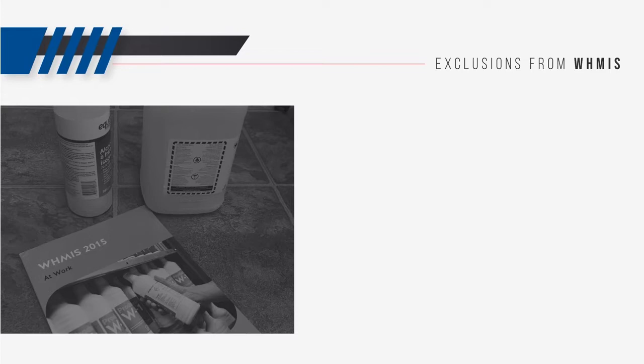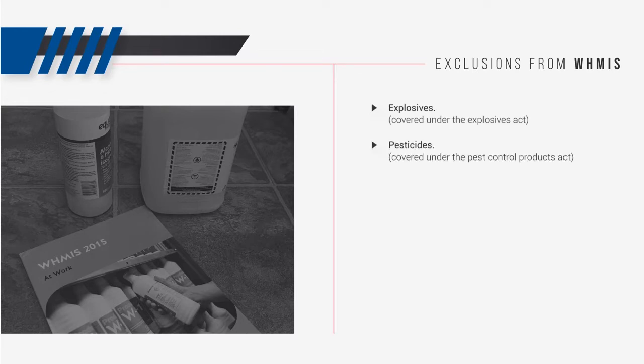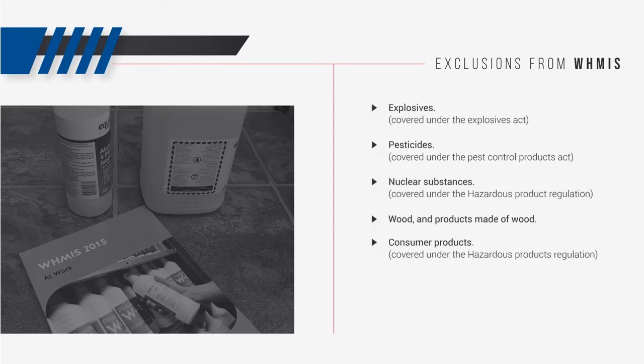Products that are exempt from WHMIS 2015 but are covered under other legislation include explosives, which are covered under the Explosives Act, pesticides, which are covered under the Pest Control Products Act, nuclear substances, which are covered under the Nuclear Safety and Control Act and the Canadian Nuclear Safety Commission, or CNSC, wood and wood products, consumer products, which are also covered under the Hazardous Products Regulation, products under the TDG or Transportation of Dangerous Goods Regulations, and hazardous waste.